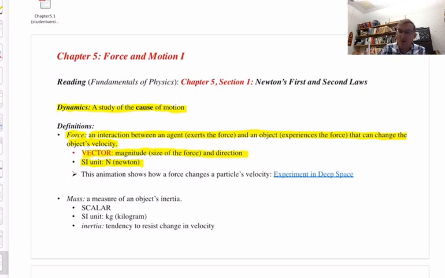Now, let's come back to an entity that was talked about a bit in Chapter 1 when we talked about just units. But we need to come back to it now as we study dynamics. And that is the concept of mass, M-A-S-S. Okay? Mass, what is that in physics? What does it mean?